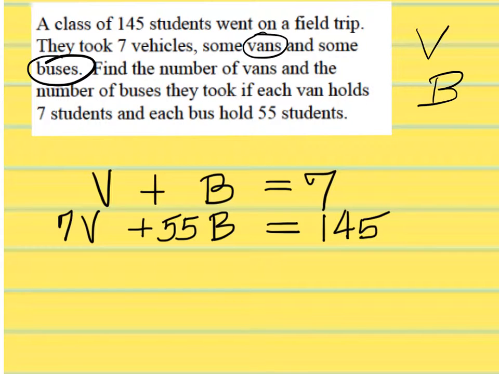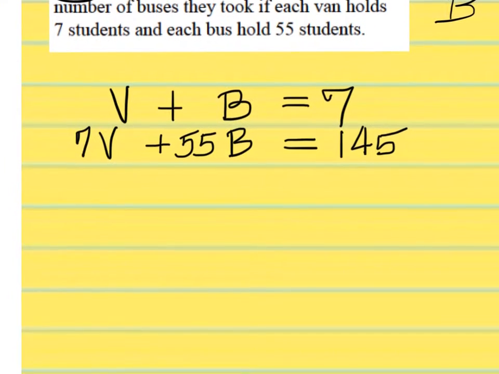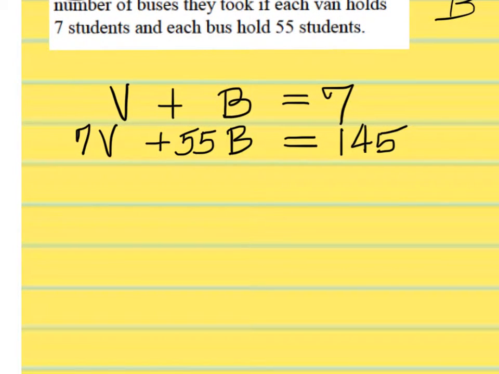You can solve this by elimination or substitution. We're going to do this one by substitution. Look at this. V plus B equals 7.